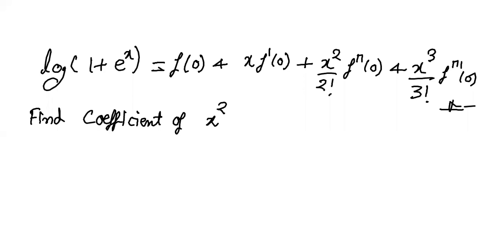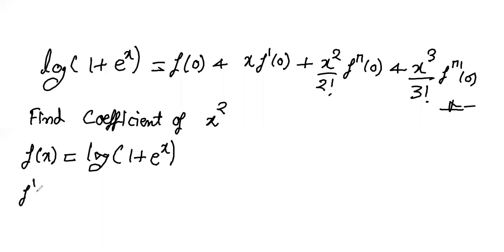Good, understood. So f of x is log 1 plus e raised to x. So f dash x is 1 upon 1 plus e raised to x into e raised to x.